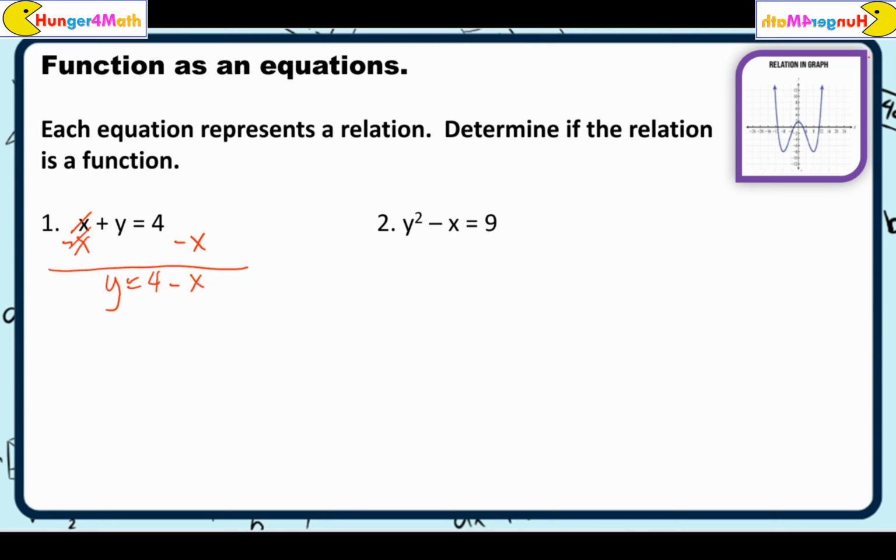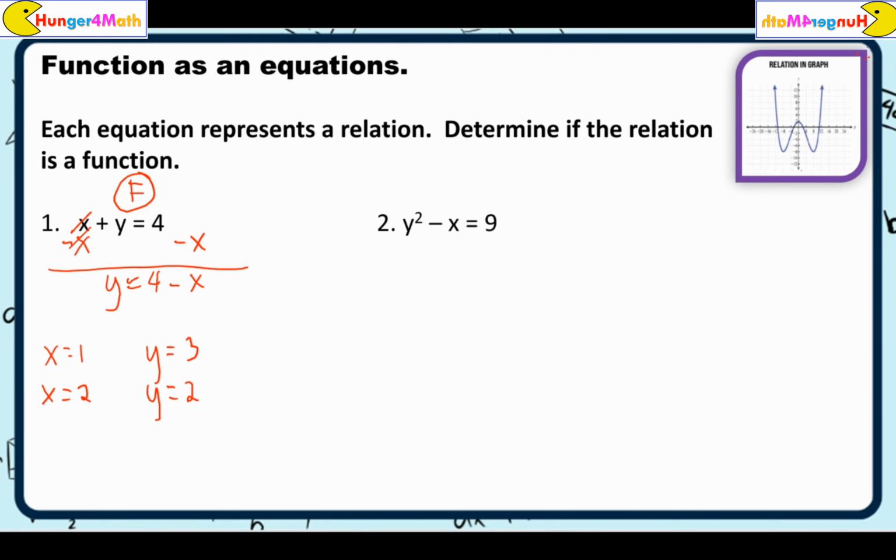Now let's test this equation. If x is equal to 1, y will be 4 minus 1, and that is 3. And if x is equal to 2, y is equal to 4 minus 2, which gives me the value of 2. So as you can see here, each value of the domain gives me exactly one range. So number one is a function.